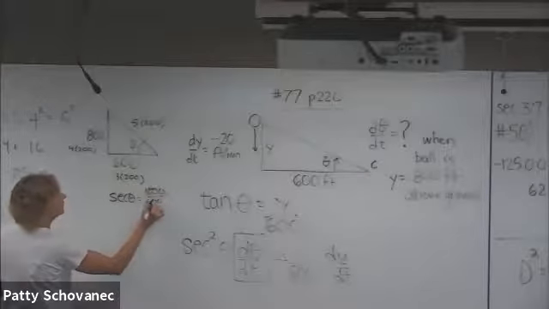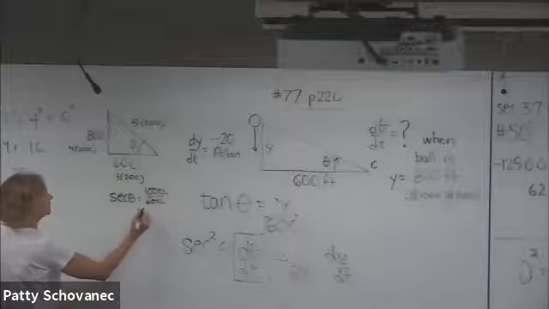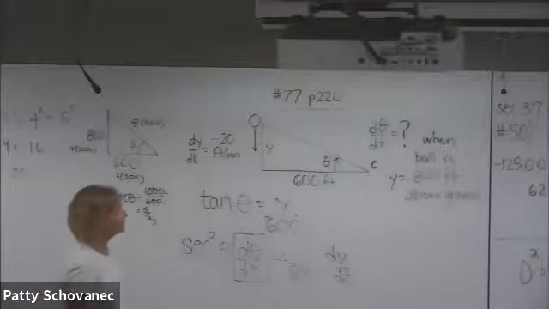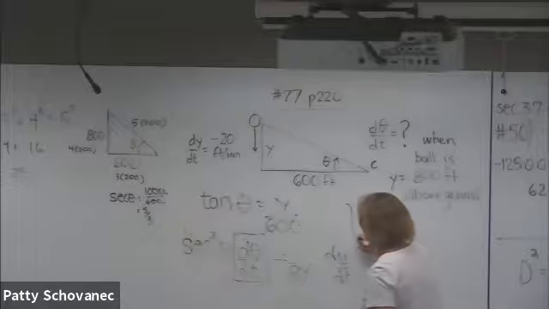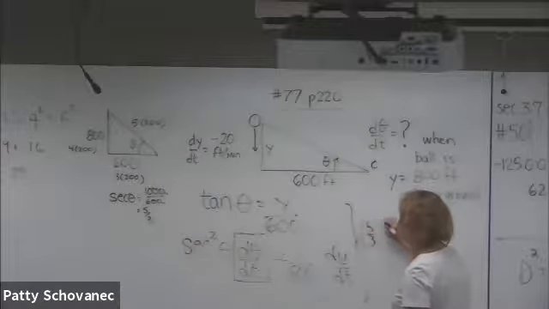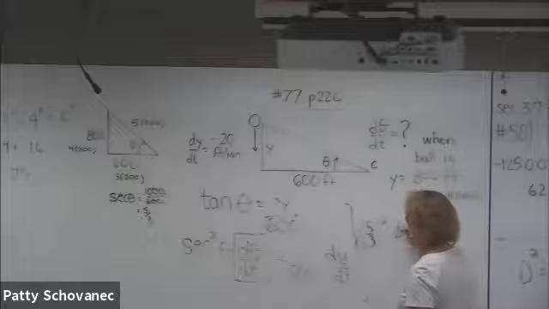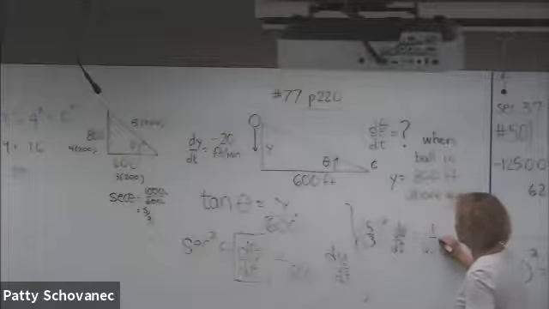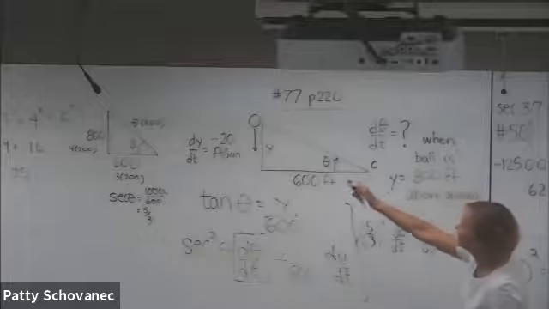I cancel there and get 10/6 or 5/3. So I'm going to put 5/3 into the secant of theta. Then I'm going to square it. So I have 5/3 squared times d theta dt is equal to 1/600 times dy dt, which was a -20.